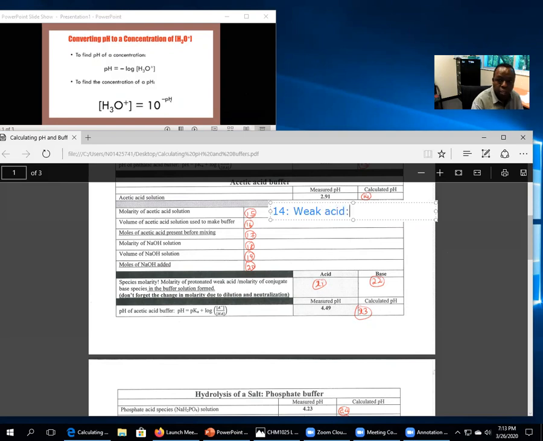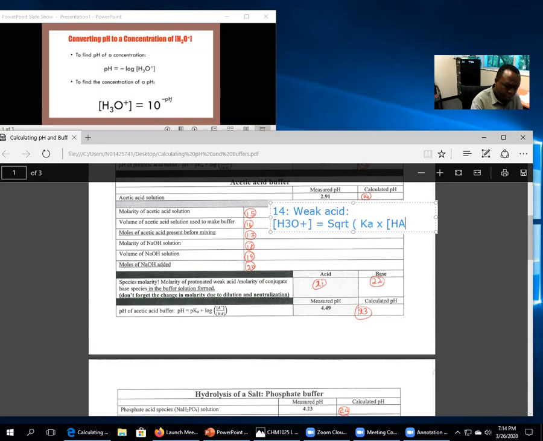Understand that this is a weak acid, and the hydronium concentration, H3O+, will be given by the square root of the Ka times the concentration of HA, that is the acetic acid.